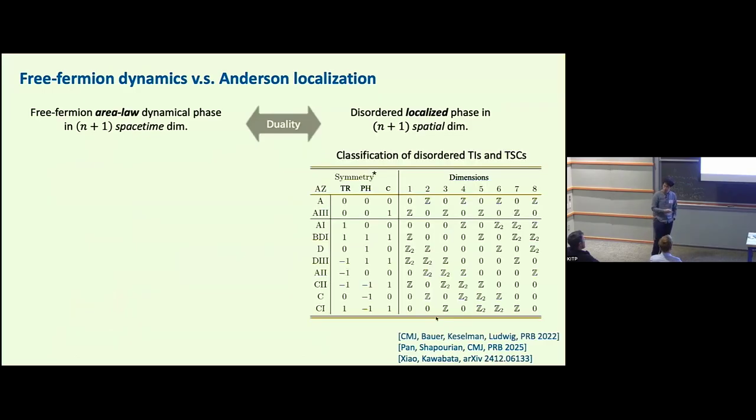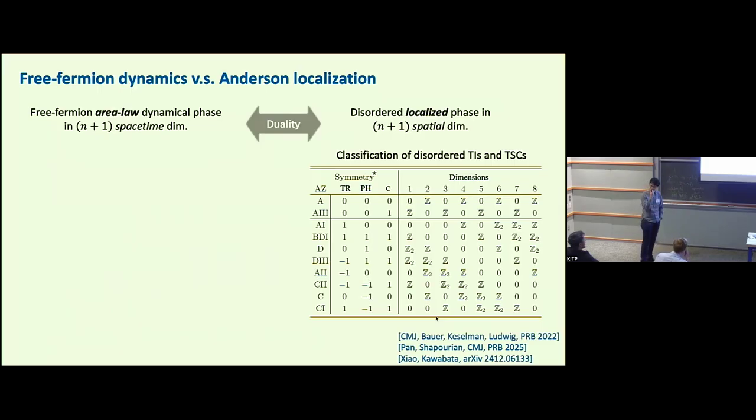If you say you have either time reversal or particle-hole or both, you go into one of these 10 classes, and then you pick your favorite dimension, and you have a lot of things to look at. Every one of them has already been classified. And essentially, through the mapping I showed you on the previous page, every one of these entries has a dual version in this world. So there are some interesting dynamical phases to talk about.